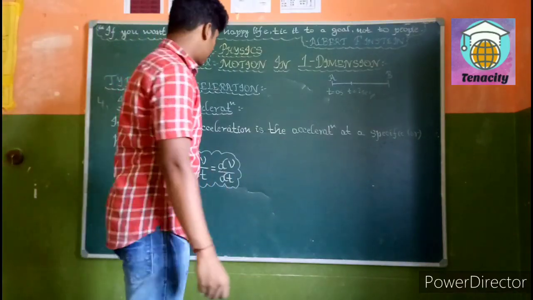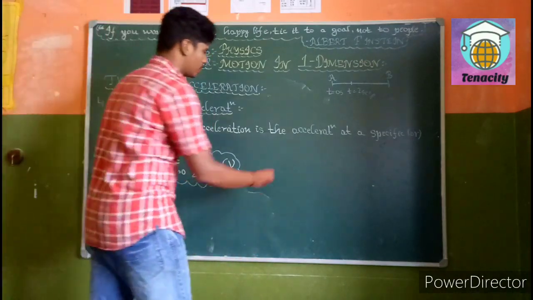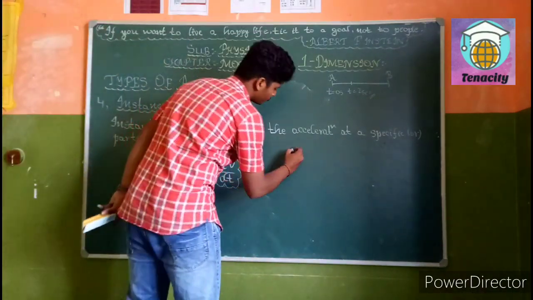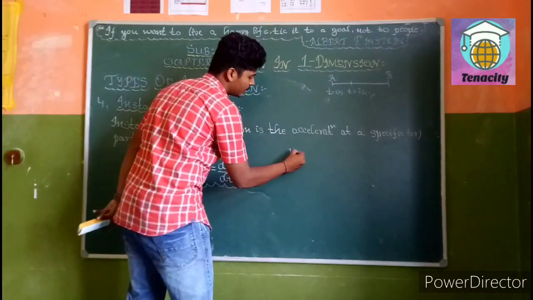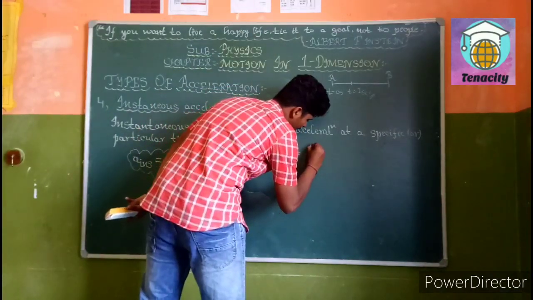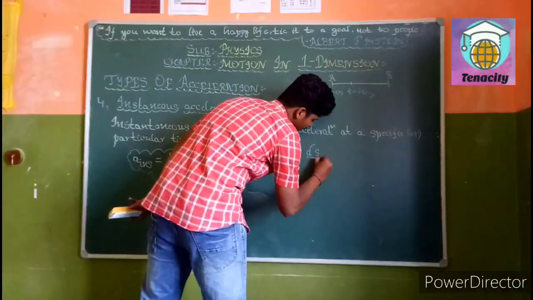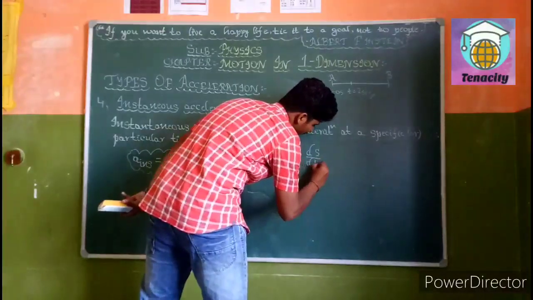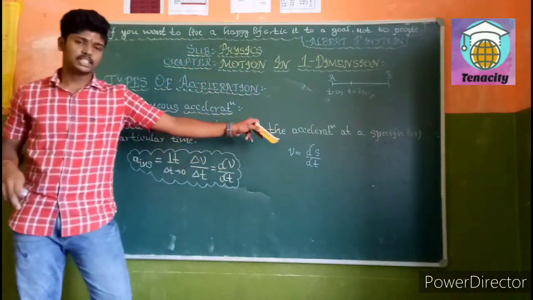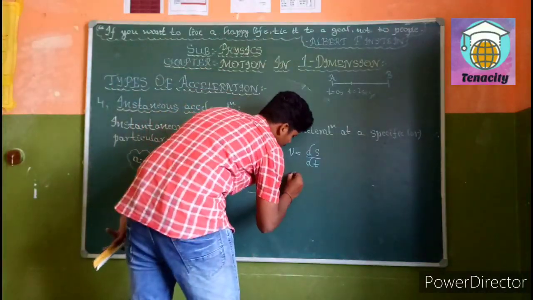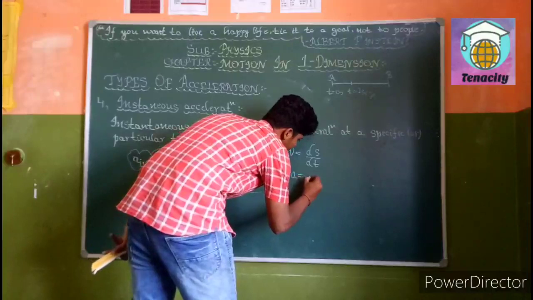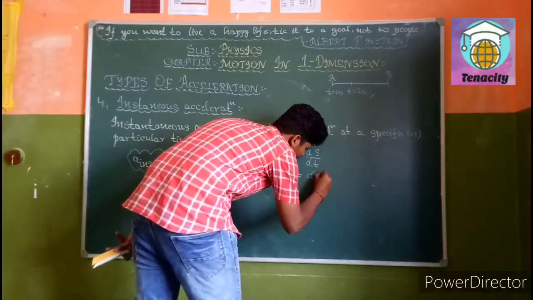Now let us discuss something special. You learned that velocity is ds by dt, that is, differentiation of displacement with respect to time is velocity. And you also learned that acceleration is dv by dt.